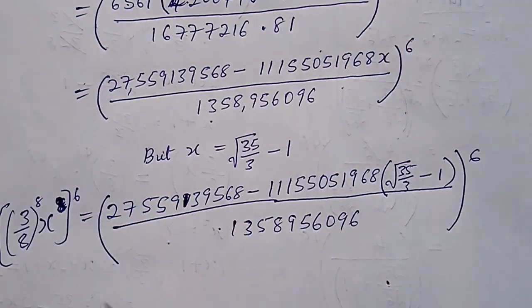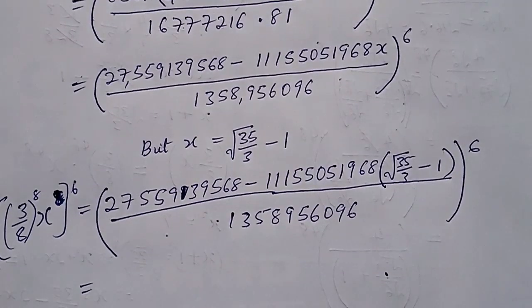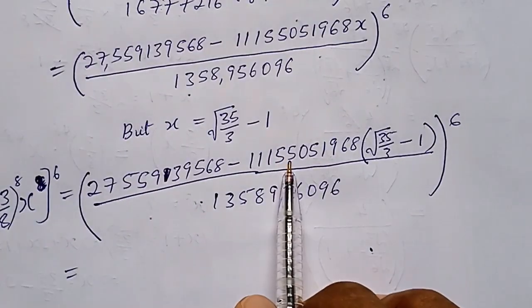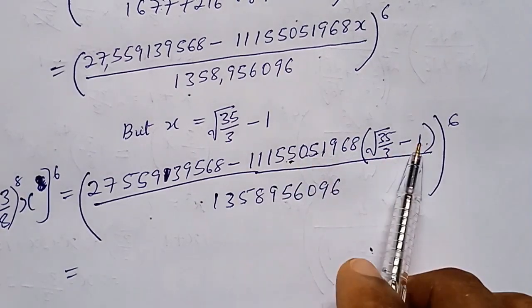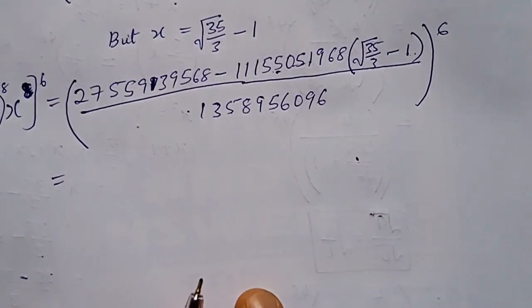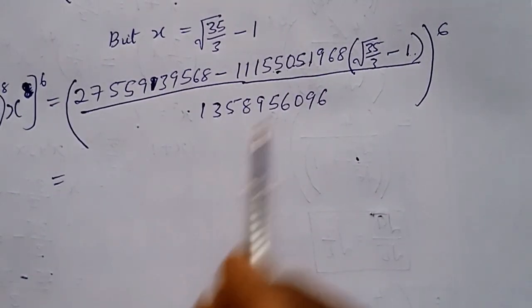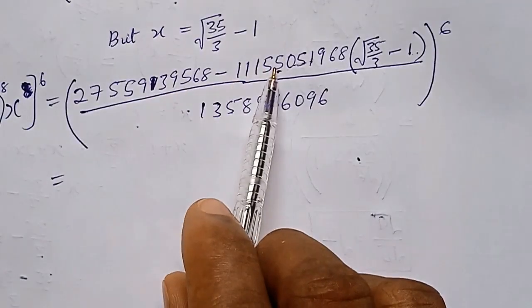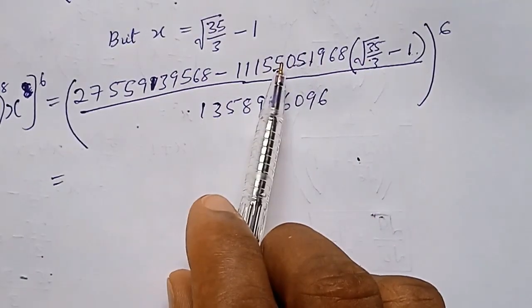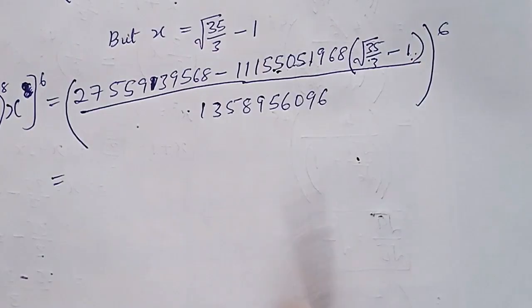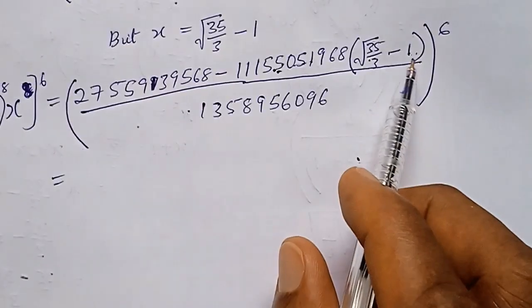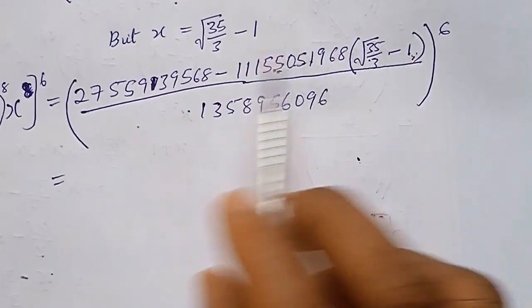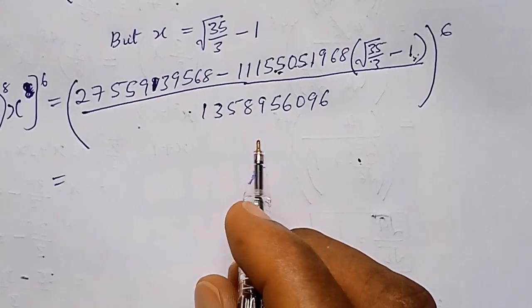From here what we need to do is open the bracket with this value, and that's all. When we do that, we arrive at our final answer. This multiplied by this, and this multiplied by this one, and our expression becomes, after doing that, we add that value with this one, then we arrive at our final answer.